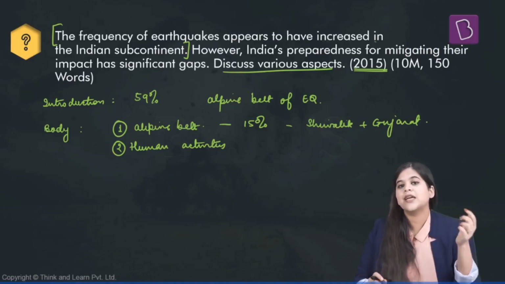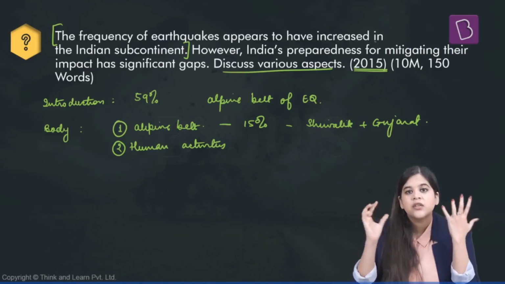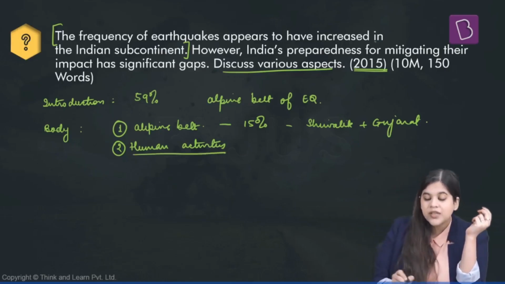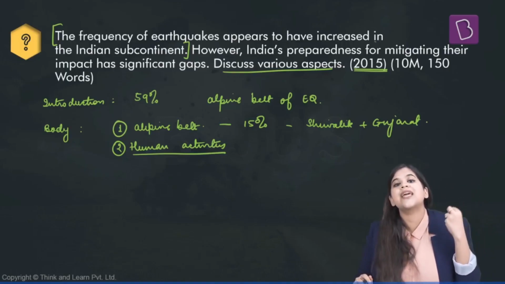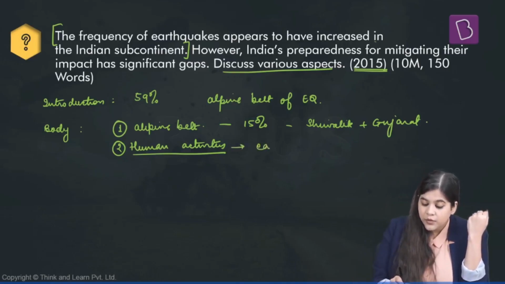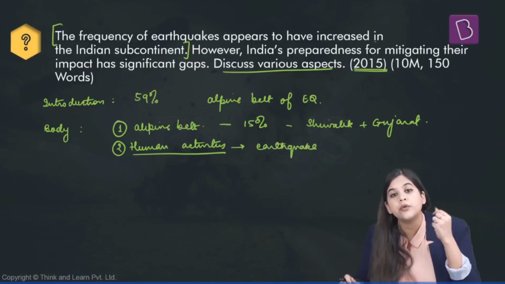Now we have already said that unless there is the presence of any kind of infrastructure, the earthquake hazard will not turn into disaster, right? Now that the human activities have increased in these areas, which were previously inaccessible to human beings, that's why the earthquake, from being just a hazard, has now turned into a disaster.